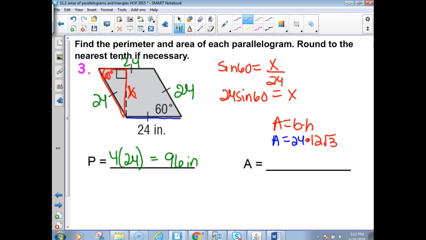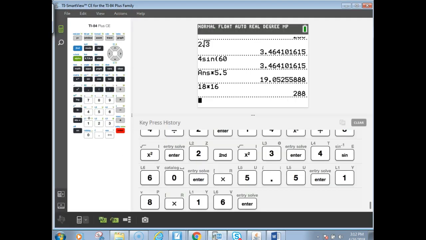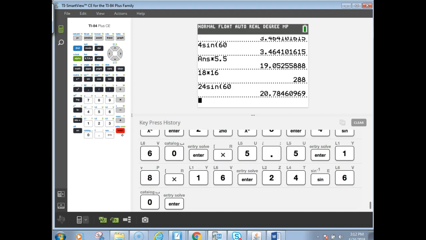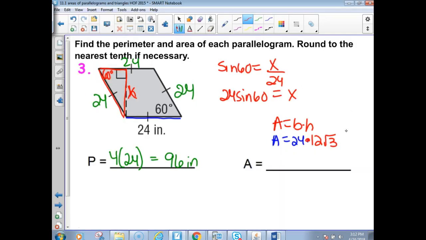And whatever that is, it's about the same as 12 root 3, or it is the same exactly. All right, 20.78 or 20.8 if you went to the nearest tenth. So either way, we're going to get about the same answer.